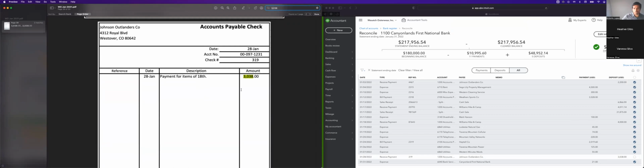So it won't show up till February. So this is going to be outstanding. So there's going to be a book to cash difference because your cash in the bank account shows this when you look at it, but when you go and reconcile this, there's going to be a slight difference.